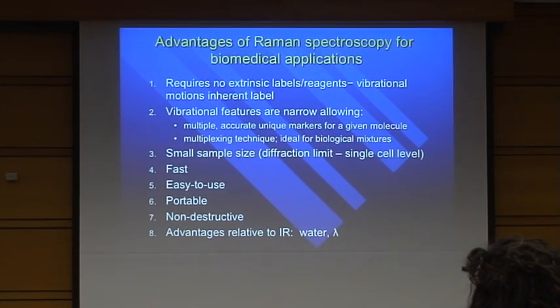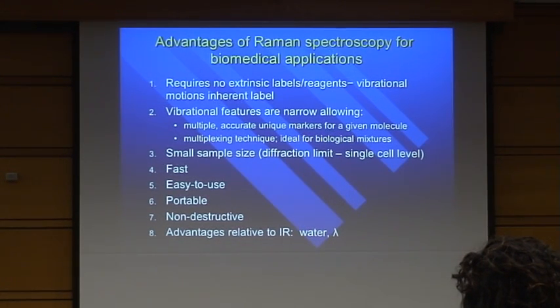I probably don't have to convince this audience that there are certain advantages of using spontaneous Raman spectroscopy for biomedical applications, but I will highlight what I see as advantages. And that is certainly molecules provide the inherent labels themselves. You don't have to provide any additional extrinsic labels or reagents. The other attribute is, I'll say it this way, the free induction decay times of the vibrational resonances.